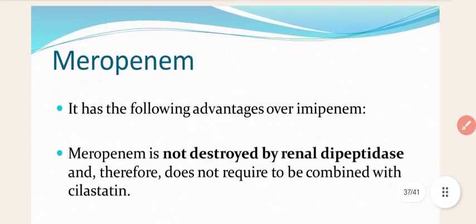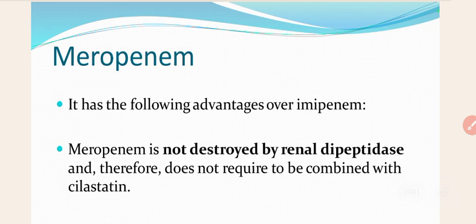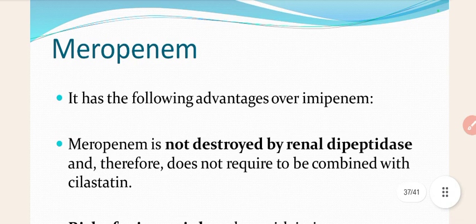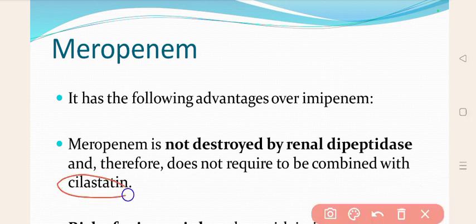Then the next drug in that category is meropenem. Meropenem has the following advantages over imipenem. It is not destroyed by the renal dehydropeptidase or dipeptidase, so there is no need to combine it with cilastatin, which is a dehydropeptidase inhibitor.